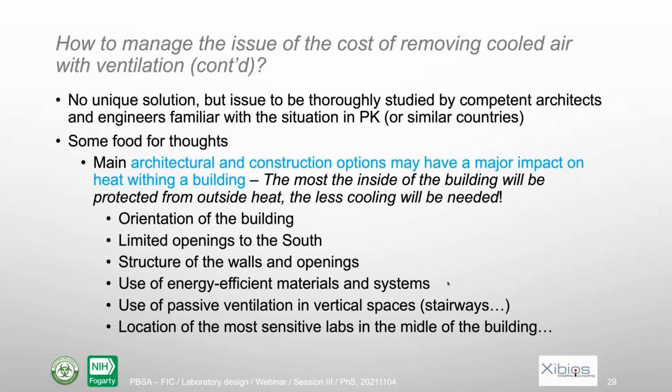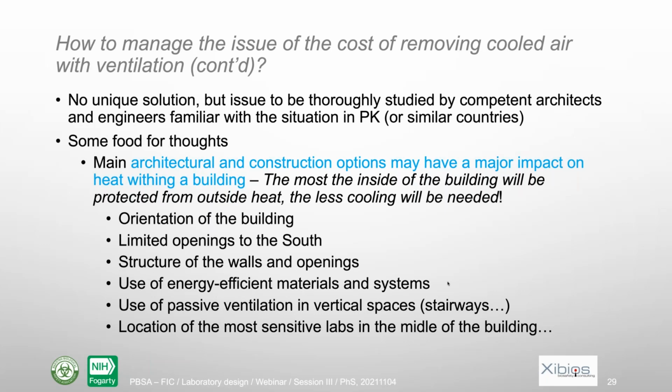Those factors are, for instance, the orientation of the building. You could limit large openings and large windows, not having them to the south, but rather to the north of the building. Also, the structure of the walls and openings. The walls should be in two layers with some ventilation in between. Also, more energy efficient materials and systems could be used.